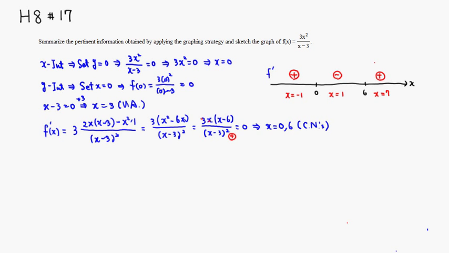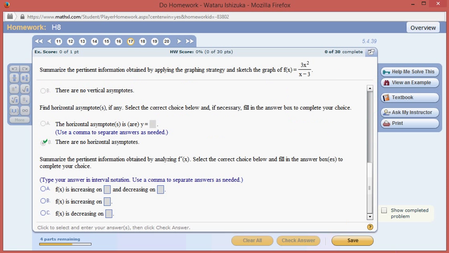Alright, so you can see that the original function f is increasing from negative infinity to 0, and decreasing between 0 and 6, and increasing after 6. Right, so let's type it in.